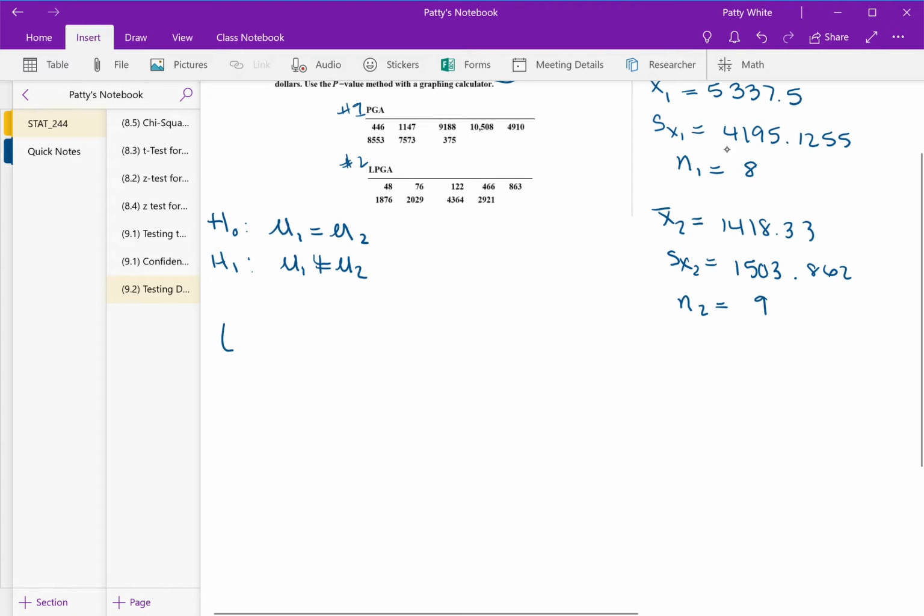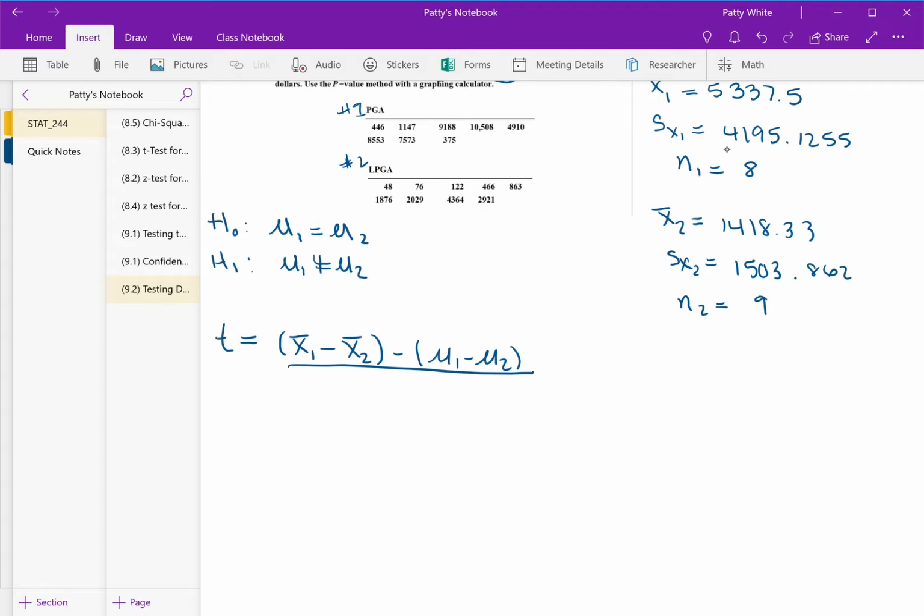So my t test statistic is going to be equal to x1 bar minus x2 bar minus mu1 minus mu2 all over the square root of s1 squared over n1 plus s2 squared over n2.